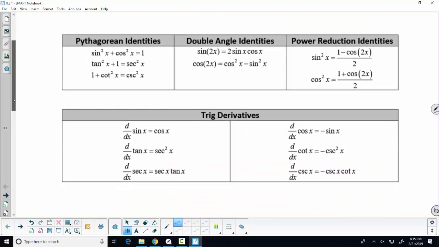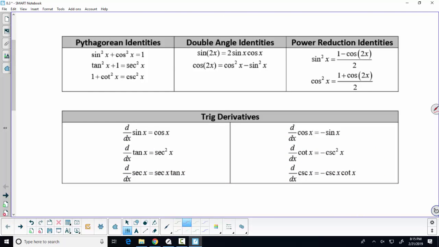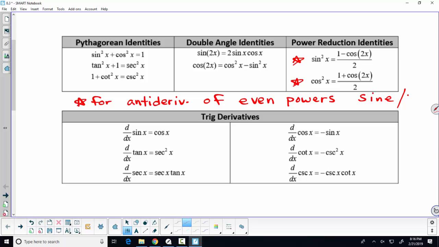Let's go back one more. These two here. So those are what you need to utilize for antiderivatives of even powers of sine and or cosine.